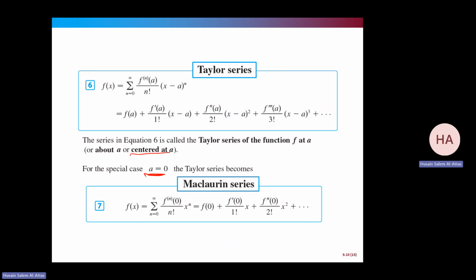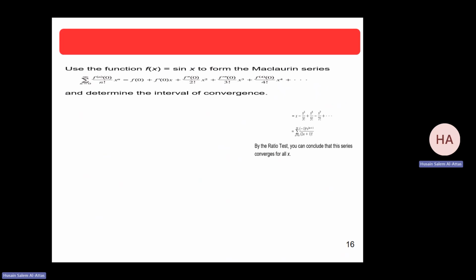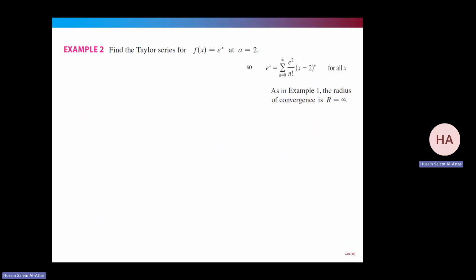Now, if we want to do the Taylor series for this function, e to the power x at a equal to 2, I will stop there, because I don't want to have a long video. Same thing. Now I need to find f prime, and so on, until I get the n-th derivative, which is e to the x. So f at 2 is e squared, f prime at 2 is also e squared, the n-th derivative at 2 is also e squared.